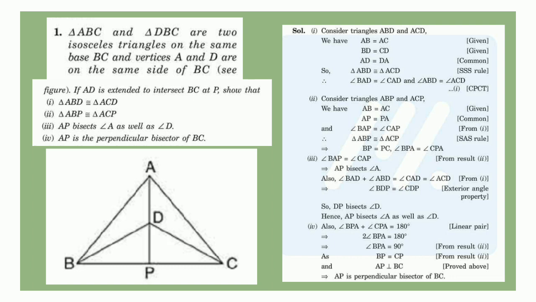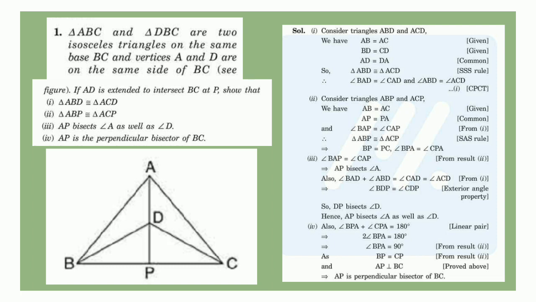So by the exterior angle property, we know the sum of these two angles is equal to angle BDP and the sum of these two angles is equal to angle CDP. So we can write angle BDP is equal to angle CDP by the exterior angle property. So we can say DP bisects angle D and we can say AP bisects angle A as well as angle D.